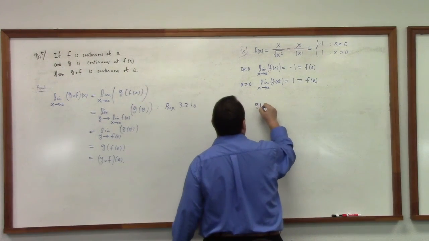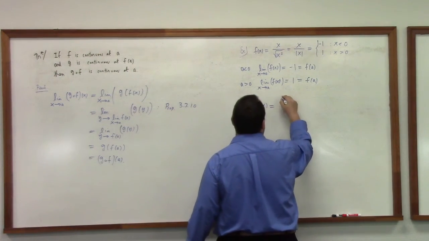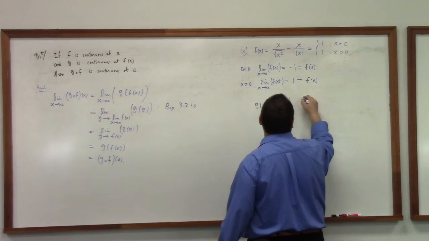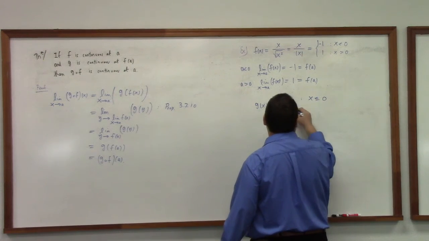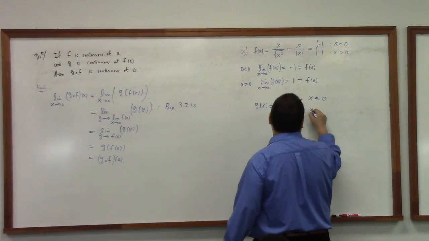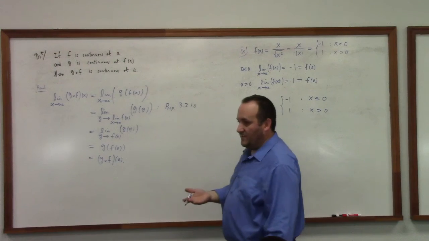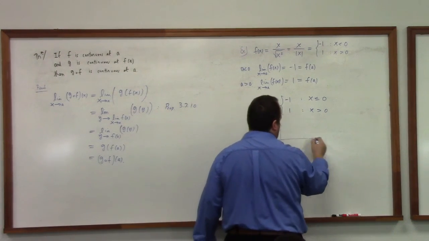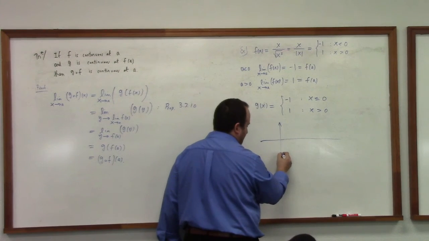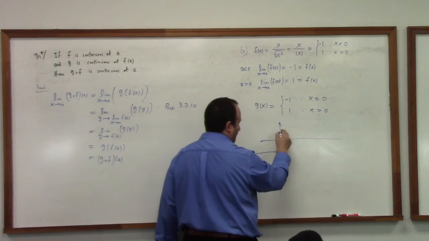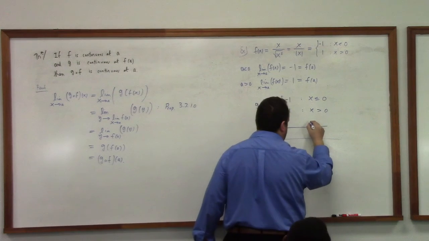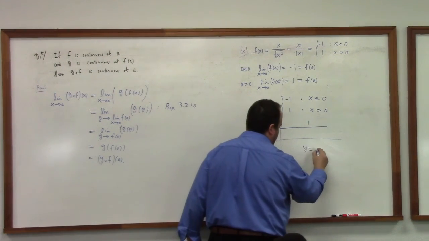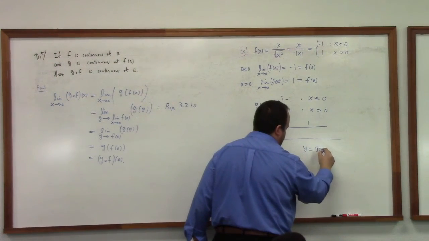If I let g of x equal to, forget about the formula, minus 1 for x less than or equal to 0, and 1 for x greater than 0. That's almost the same function, right? What's the difference? I just filled in that dot. And that's all it takes. That's all it takes to go from, in our language, continuous to discontinuous.